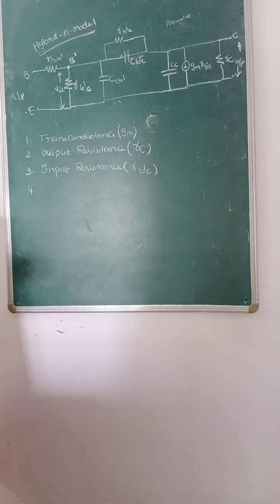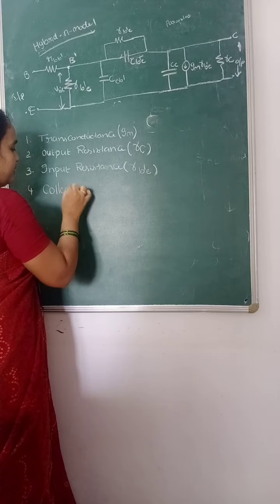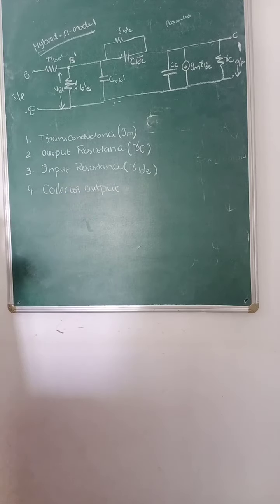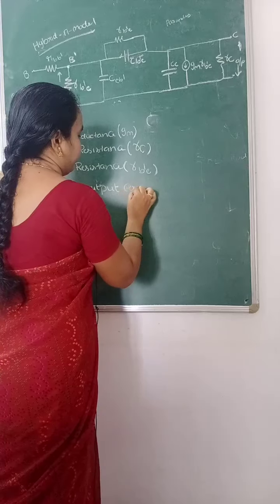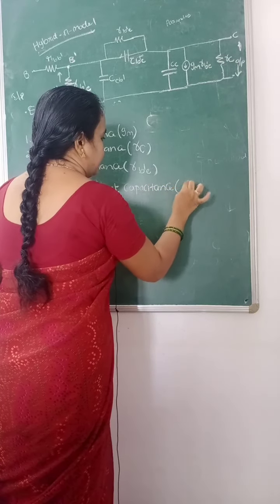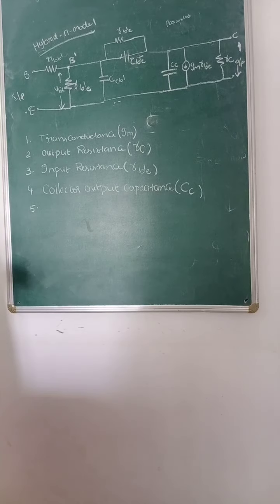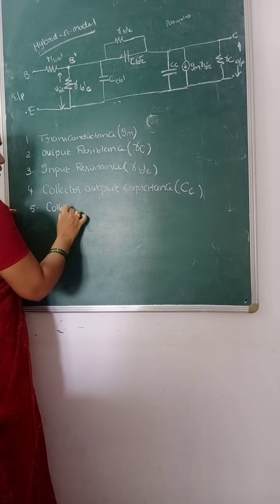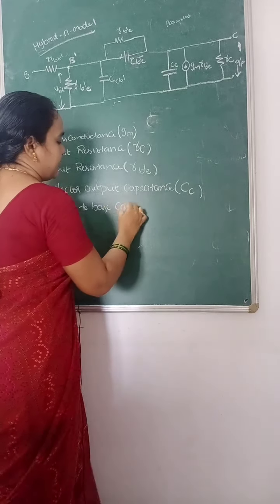And the fourth property is collector output capacitance. This is CC. Next, the fifth property is collector to base capacitance.